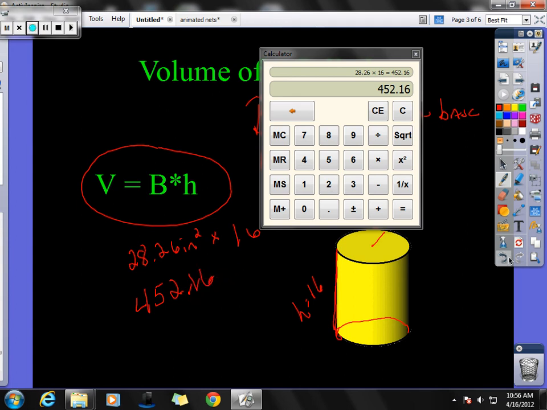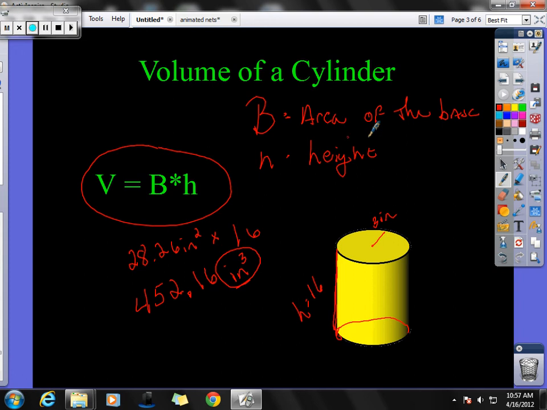Wow, that was really messy. 16 there. We'll fix that. 16 cubic inches. Remember, when we're dealing in volume, we're dealing with cubic inches. So you're going to use this equation, big B times little h, to calculate the volume of any cylinder.